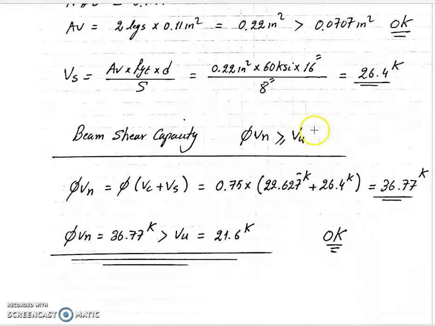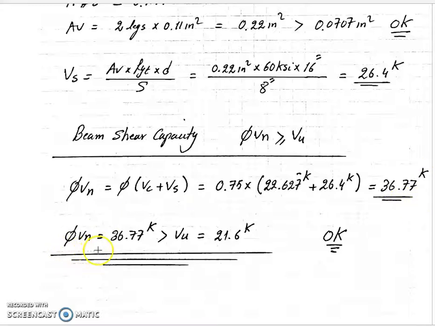So the final step, we check if the beam shear capacity is okay or not under the demand shear. So phi Vn has to be greater or equal to Vu. So phi Vn is equal to phi multiplied by Vc plus Vs. Vc is for concrete and Vs for steel: 0.75 multiplied by our Vc, 22.627 kips, plus Vs, 26.4 kips, is equal to 36.77 kips.